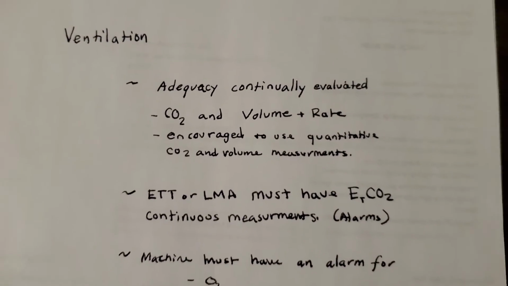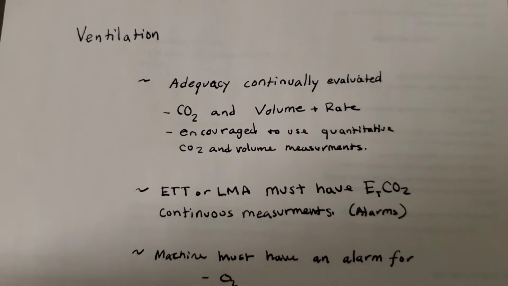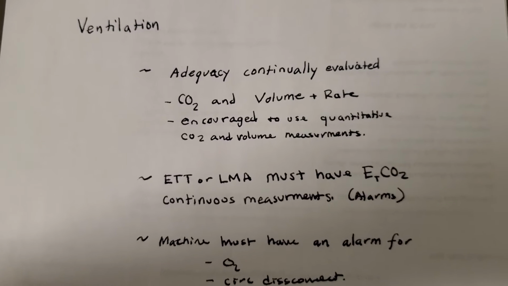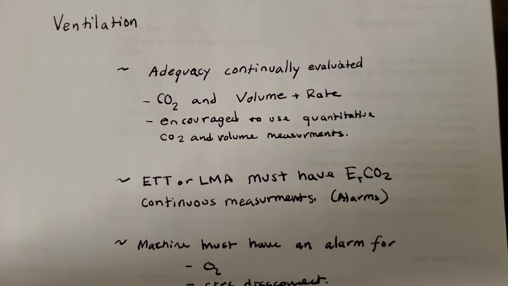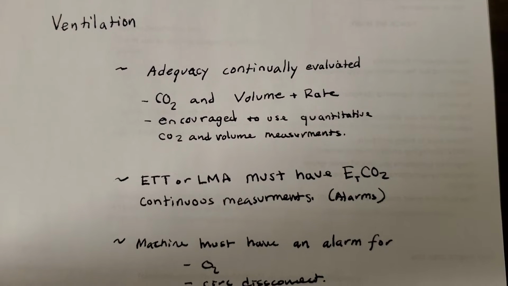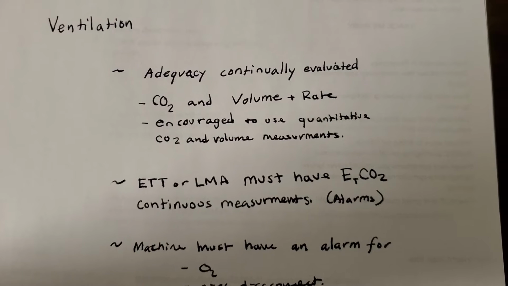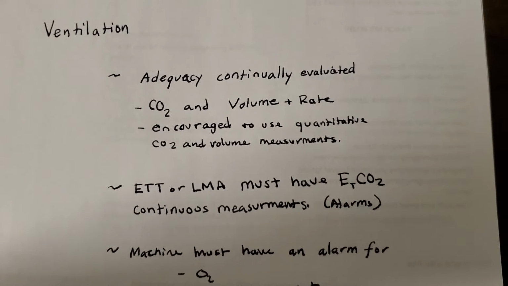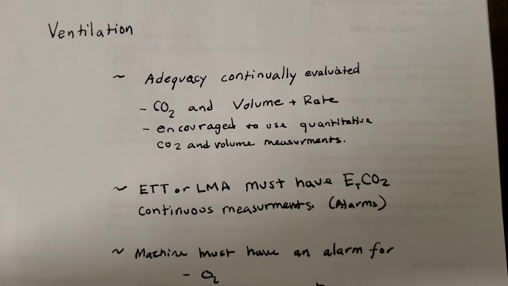Ventilation. They want you to monitor the CO2 and minute ventilation rate. And there's a difference between continually and continuously. Continuously would be like an arterial line, monitoring second to second, whereas continually means these things need to be done at a minimum of every 5 minutes, which is usually what they want.